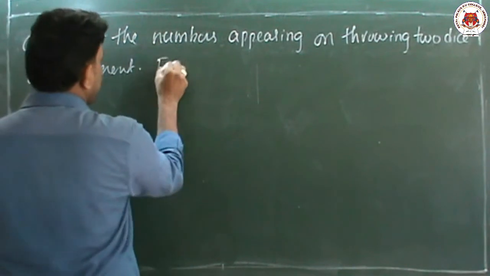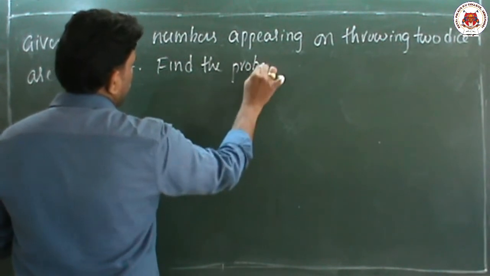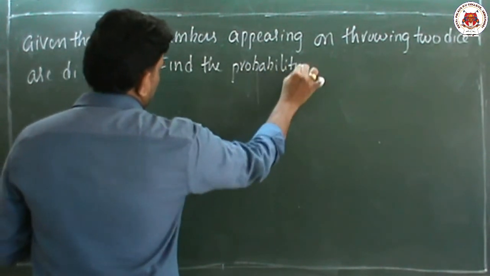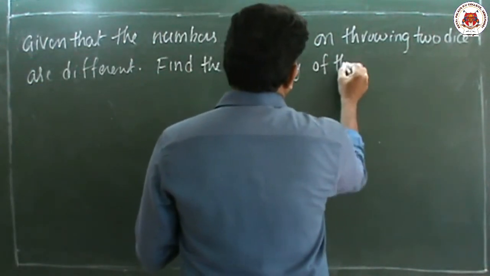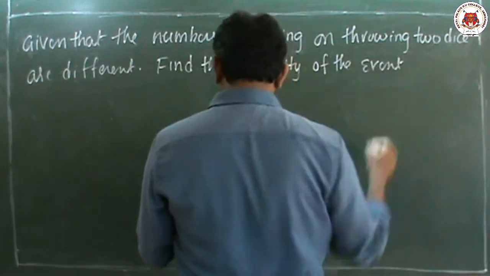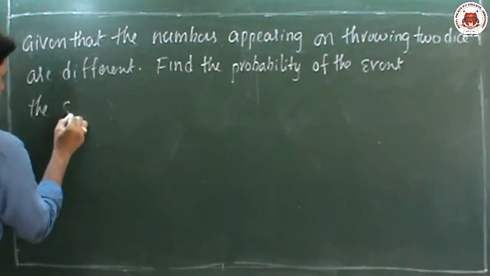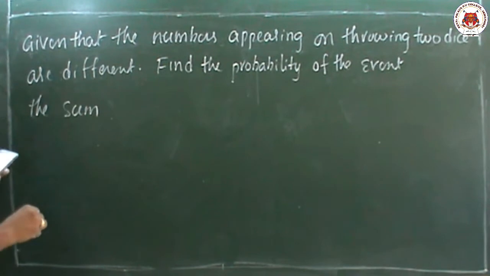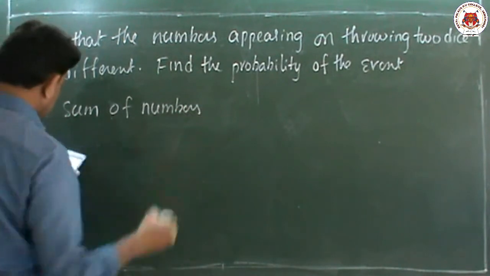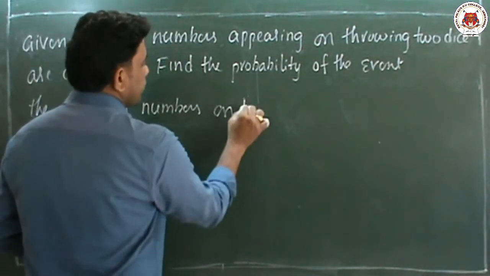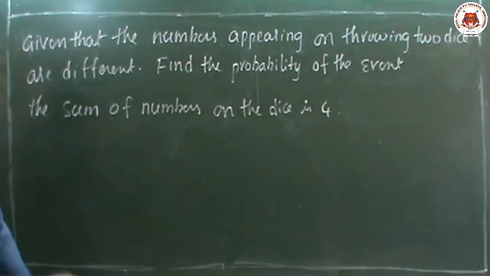Find the probability of the event: the sum of numbers on the dice is 4. This is the question.